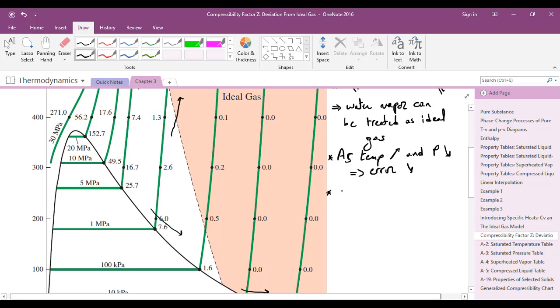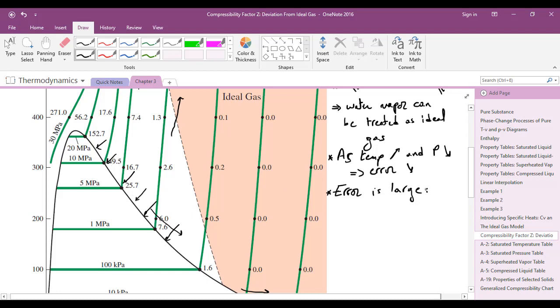However, let's see where the error is large. The error is large mainly near the saturated vapor line. As you can see here, the error is 152.7%, 49.5%, 16%.